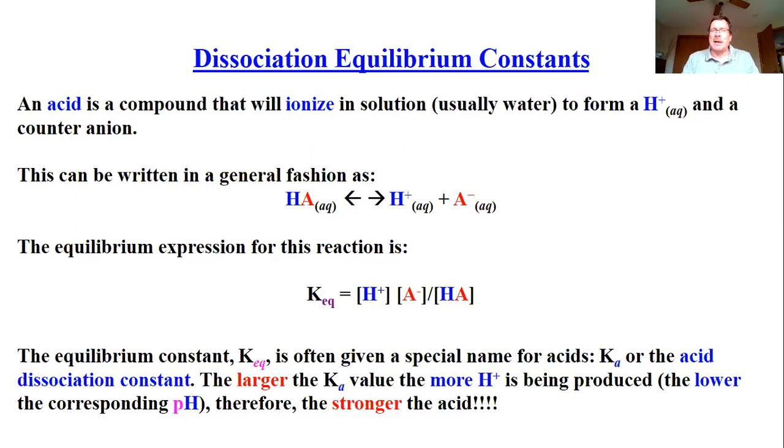compound. And that's what we're going to look at here. An acid, and this is a general formula, is anything starting with H. So I have the hydrogen attached to whatever the anion is.